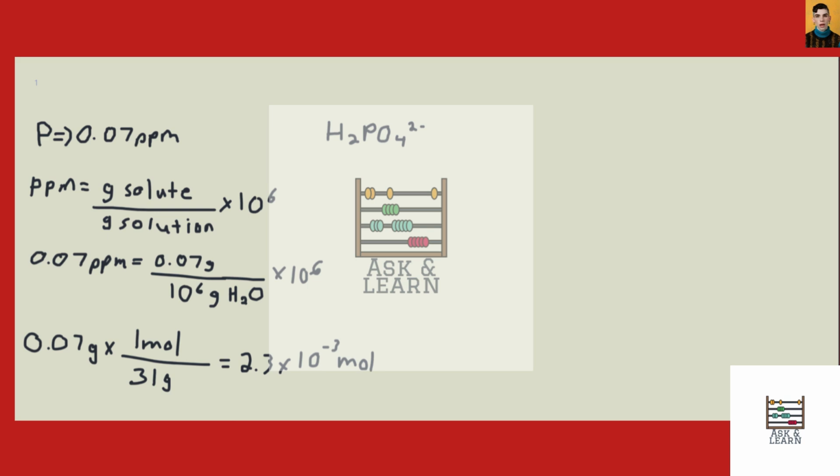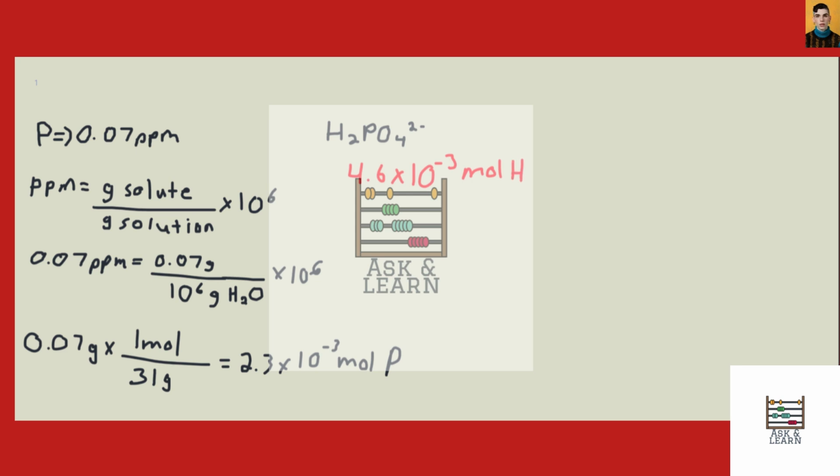So we can find the number of moles of the other components by looking at the molar ratio. Let me write this as moles of P. The ratio of hydrogen to phosphorus is 2 to 1, so we're going to double this and have 4.6 times 10 to the negative third moles of hydrogen.